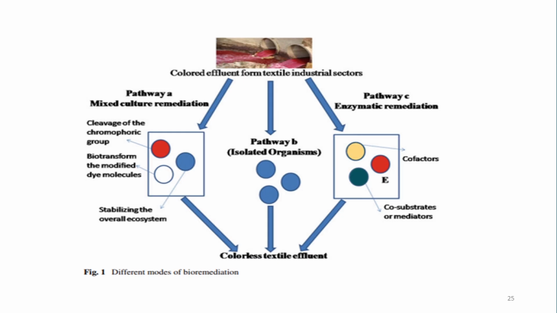Pathway B, where isolated organisms are only used, and pathway C, where enzymatic remediation is done. So, cleavage of the chromophoric group takes place with mixed culture remediation, transforming the modified dye molecules, whereas by isolated organism we get colorless textile effluent completely.